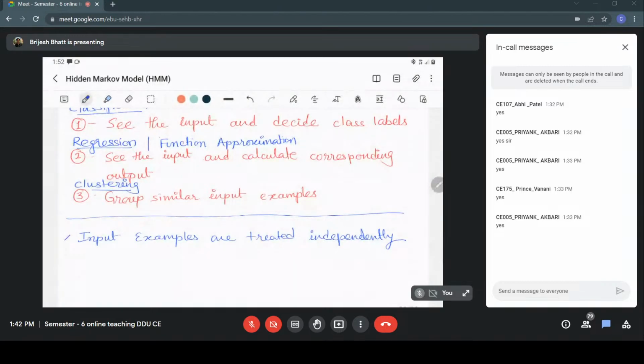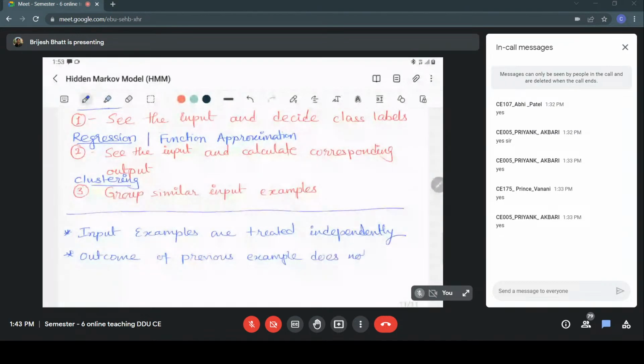So what I mean by this is that the outcome of a previous example does not influence the outcome for the present example.